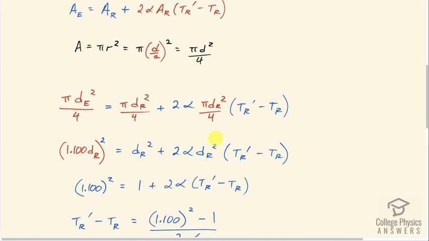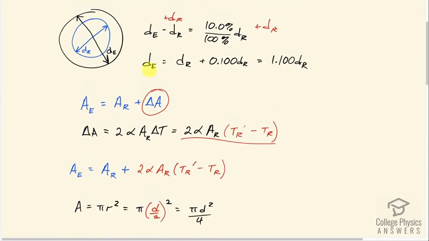The pi over 4 is a common factor, so we're going to multiply both sides by 4 over pi to get rid of it. And on this line, the other thing that I did was I substituted for the diameter of the engine, replacing it in terms of the diameter of the rod.